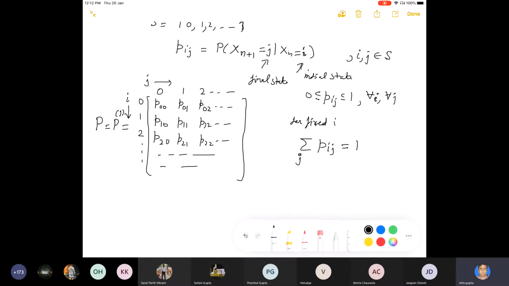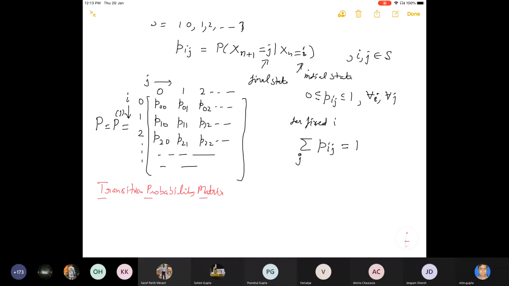So this is basically the transition probability matrix, TPM.